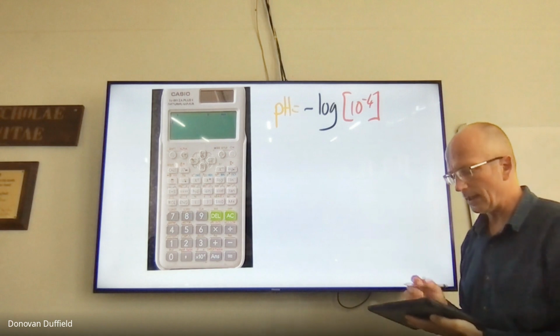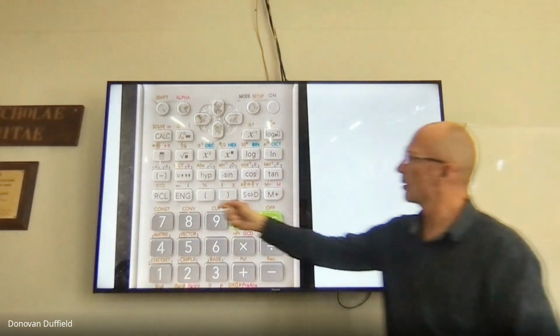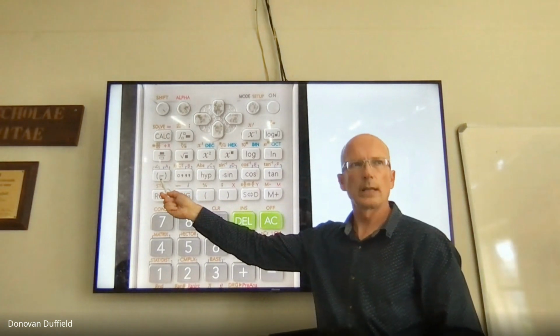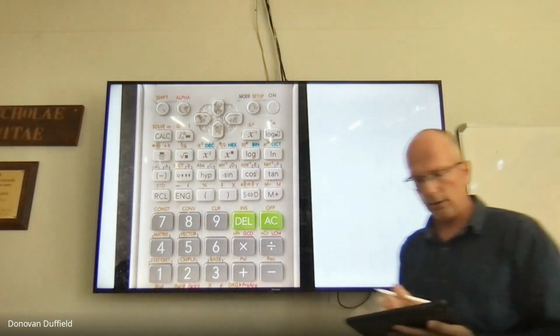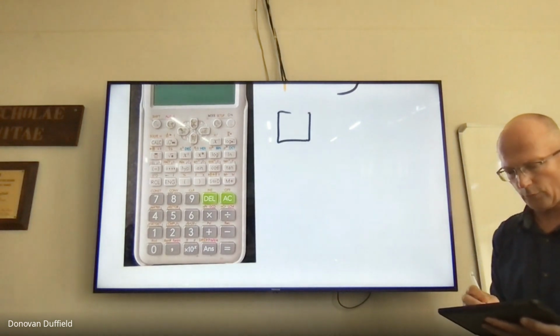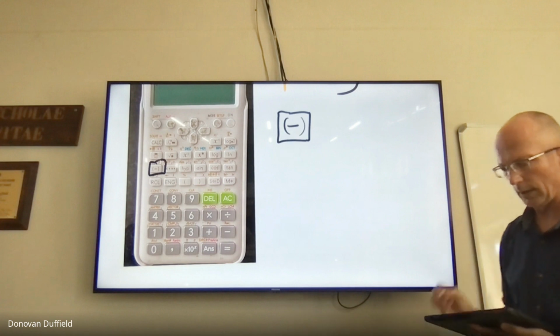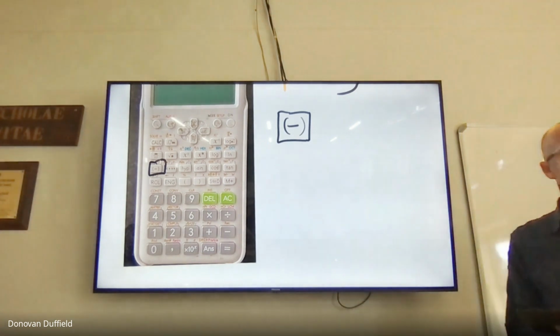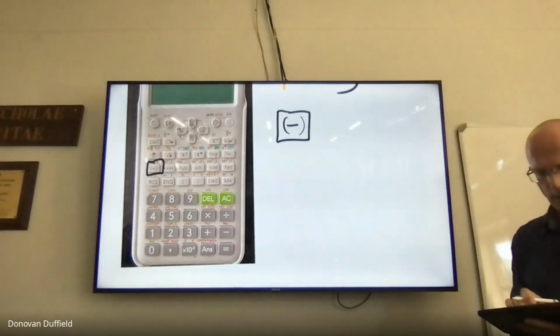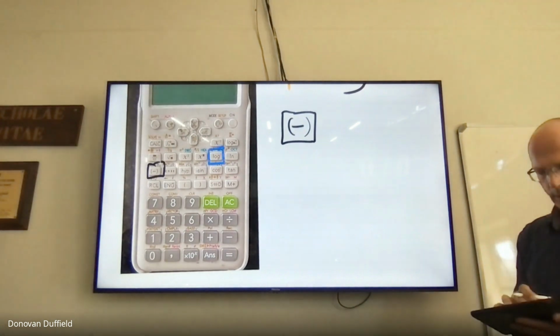So here's the key sequence. Please do it with me. First and foremost, I am going to press the negative button. Then I'm going to press the log button.